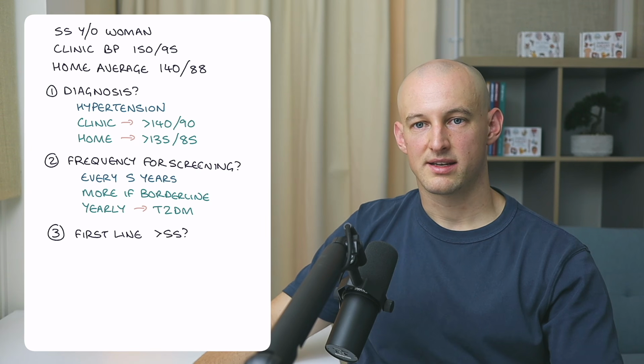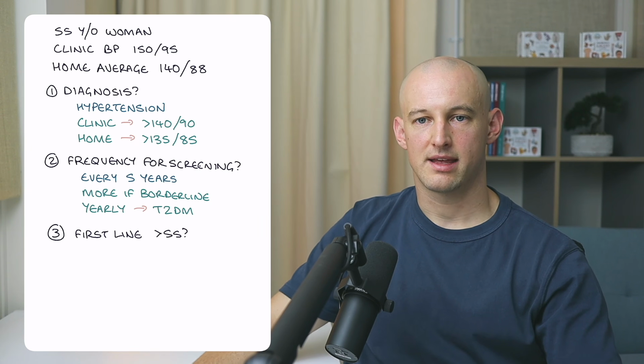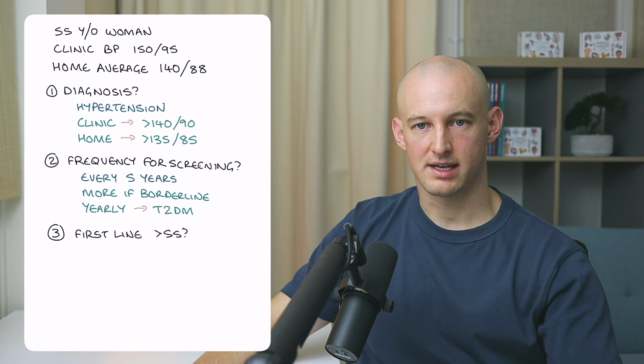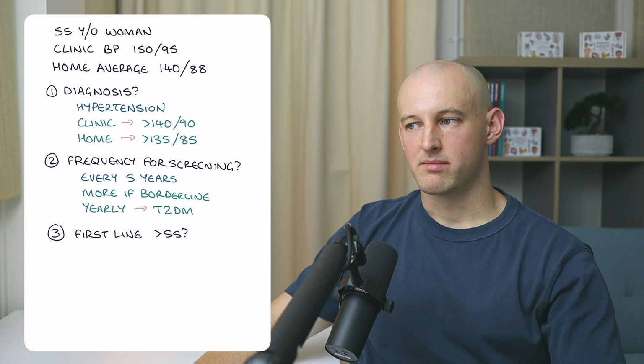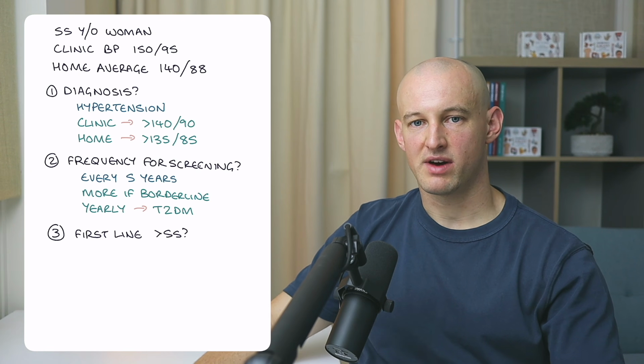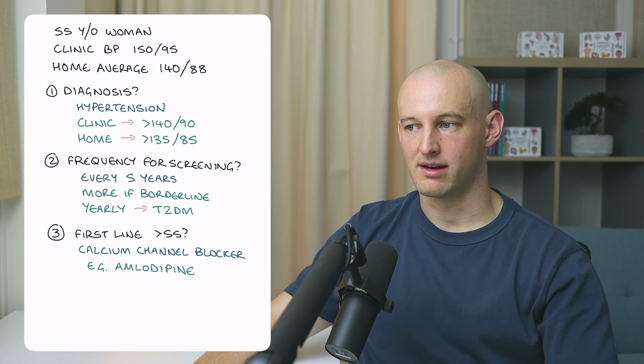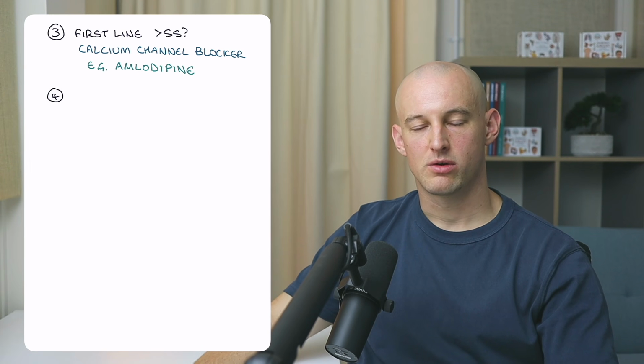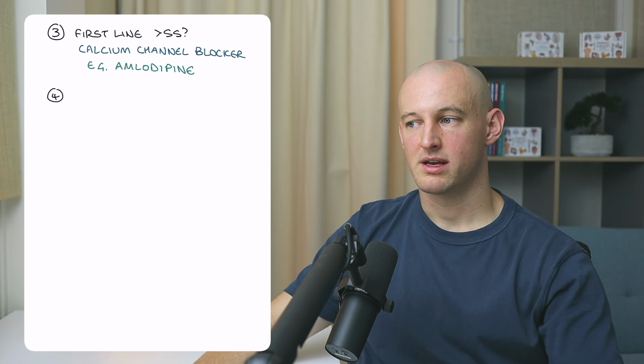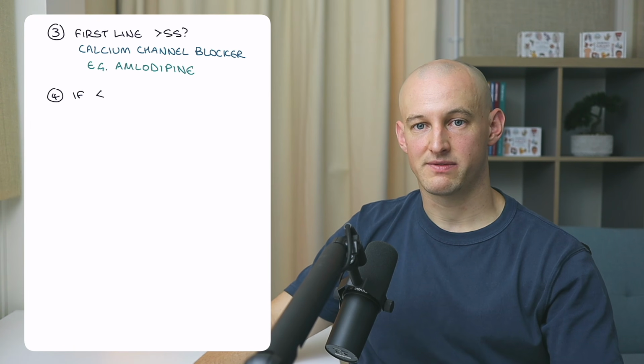Question 3. What's the first-line treatment for patients over the age of 55? So after you address lifestyle factors like salt intake, exercise, diet, and so on, the first-line treatment, if they're over 55, is calcium channel blockers, for example, amlodipine. Question 4. What's the first-line treatment for patients under the age of 55?